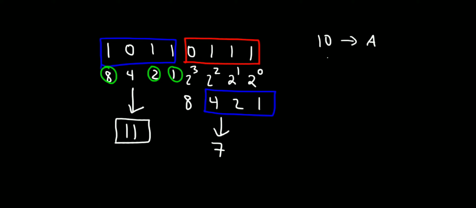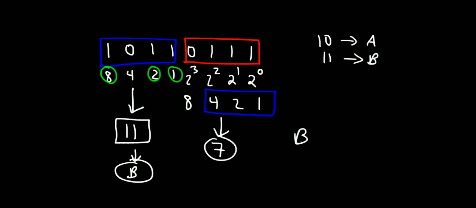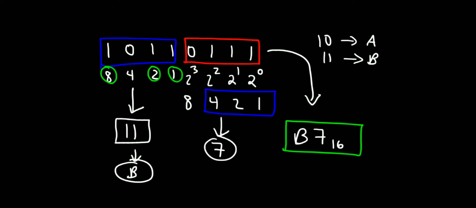We will not write 11 directly, we will write the code for the 11. So the code for 11 is B, so its answer is B7 with the base 16. I hope this is clear to you. This is the answer of this question.